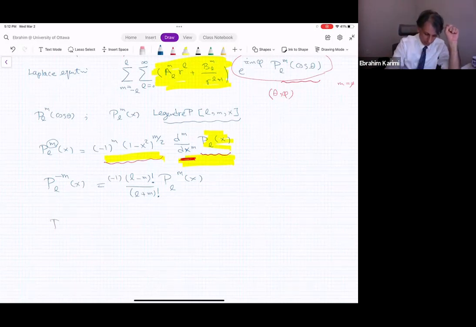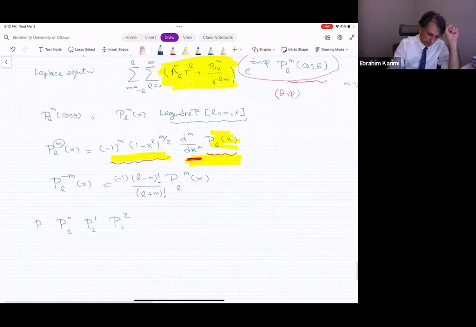So P_2^0 exists, P_2^1 exists, P_2^2 exists, P_2^3 no, or it is 0 if you want to talk about that. And from the other side, of course, we have P_2^(−1) to P_2^(−2) as well. And the relation is given by the above expression.